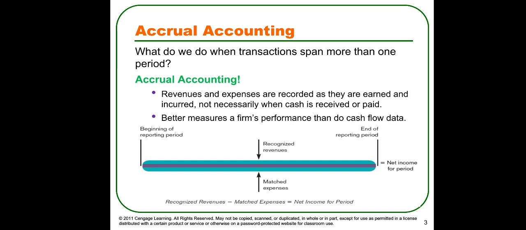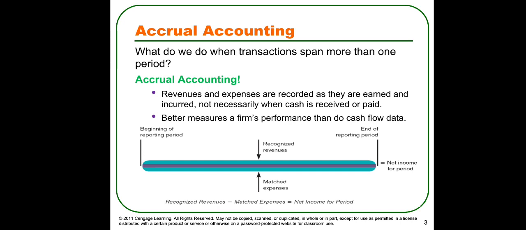If you use accrual accounting to make accounting records for a business, then you have to remember this. For accrual accounting, revenues and expenses are recorded as they are earned and incurred, not necessarily when cash is received or paid. This method better measures a firm's performance than cash flow data does.